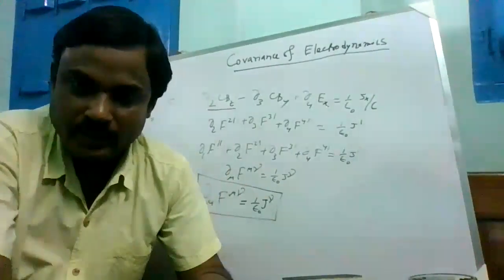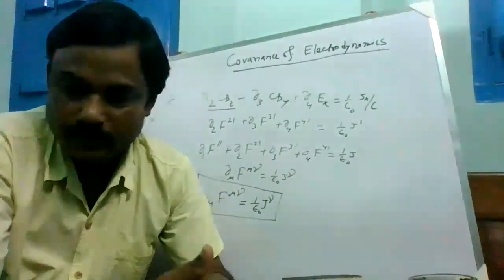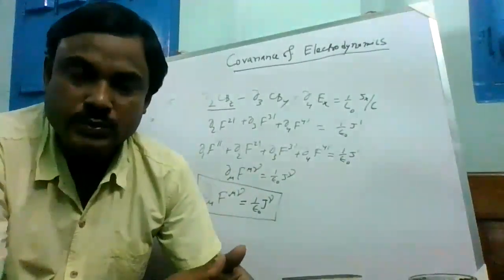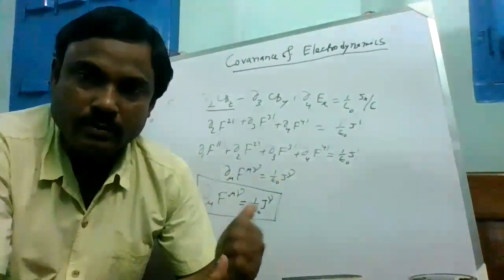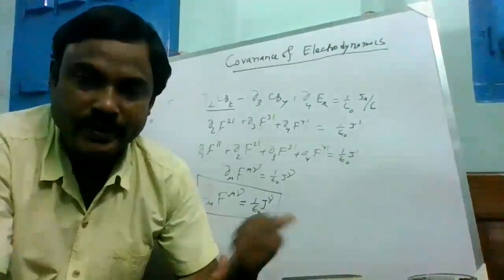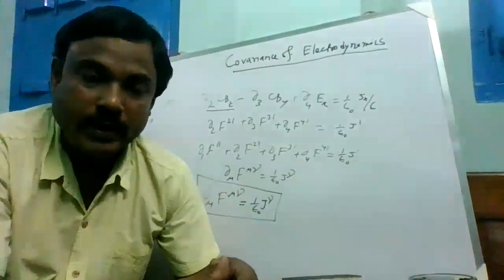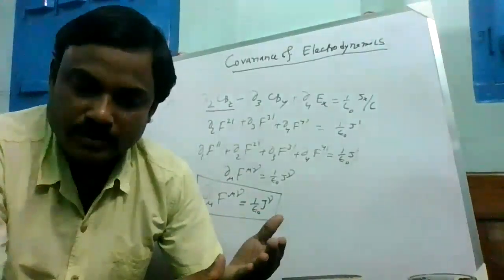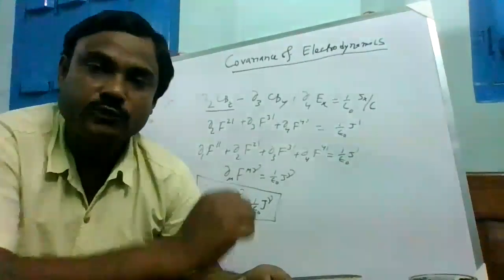It will be better if you perform the task that I have given, that means from contravariant to covariant field tensor, on your own hand, and you try to express Maxwell's homogeneous equations in this form.